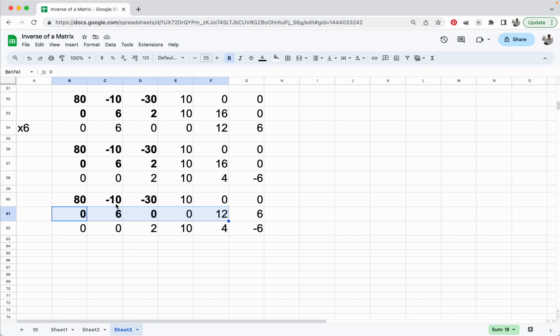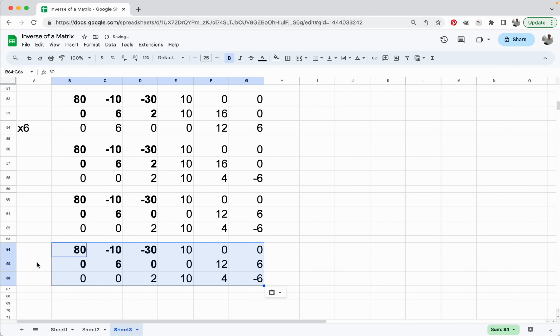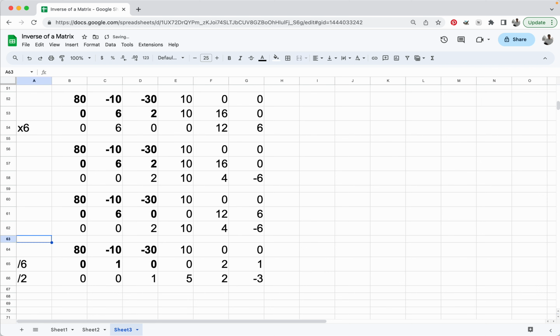Now my next step, okay, let's simplify. Divide by 6. Alright, 6 by 6 is 1, 12 by 6 is 2, 6 by 6 is 1. I divide row 3 by 2. 0 by 2 is 0, 0, this is 1, this is 5, this is 2, this is minus 3. Alright.